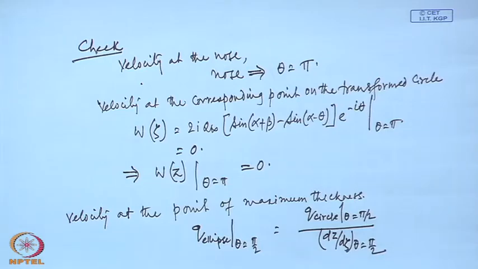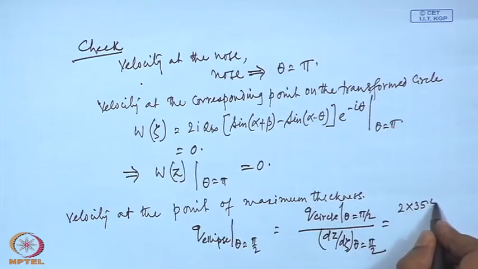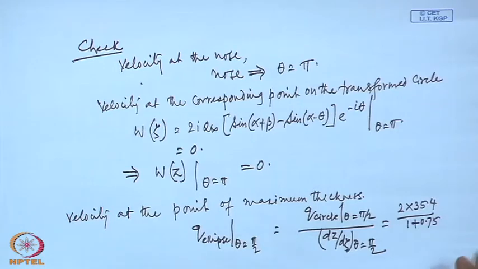If you remember how much it was, 2 into 35.4 divided by 1 plus 3 by 4, or that is 1.75. And that comes to be 40.46.